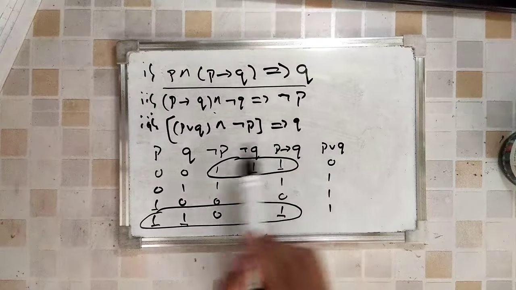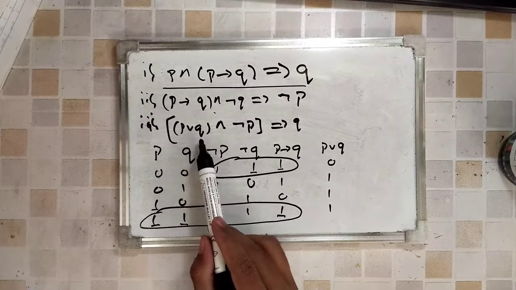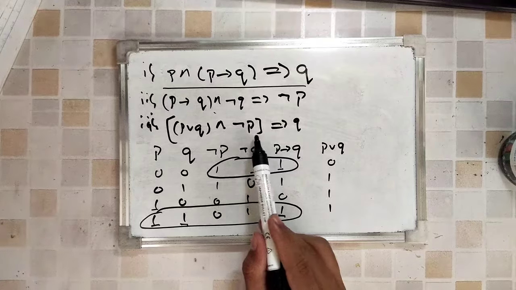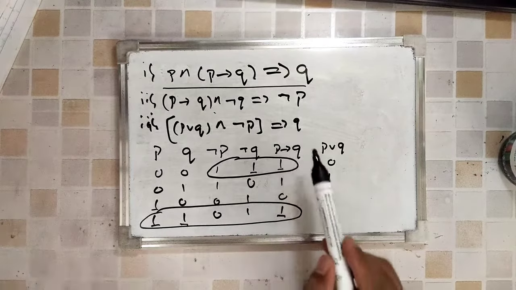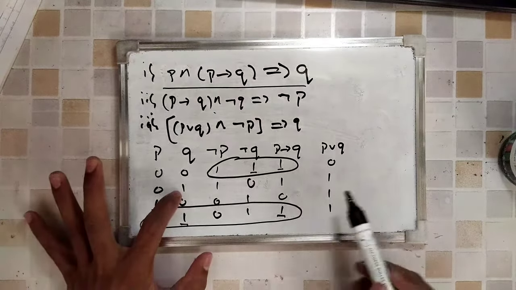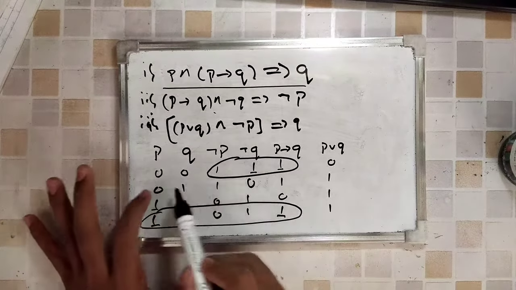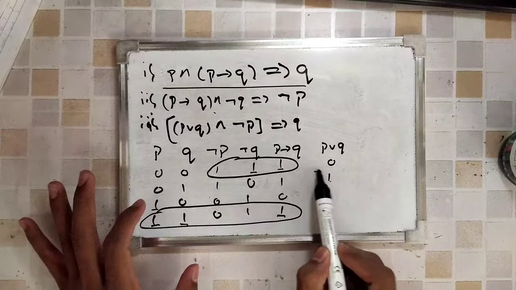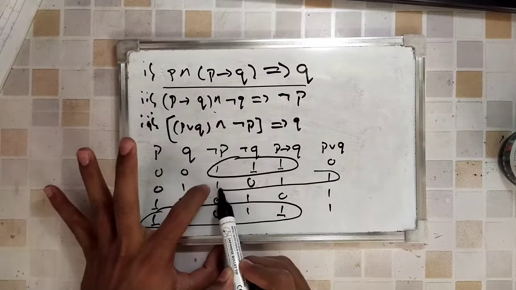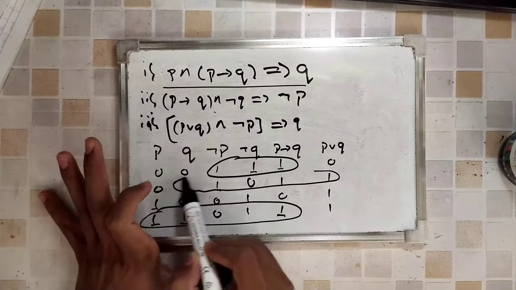For the third, Q should be 1. So P or Q should be true and negation P should be true, then it is logically equivalent to Q. Q is 1 here, P or Q is 1, and negation P is 1.